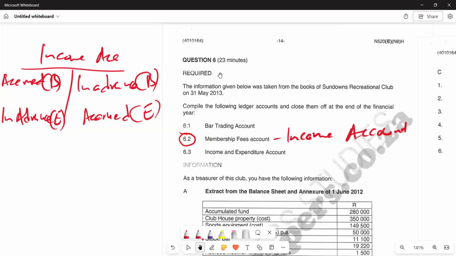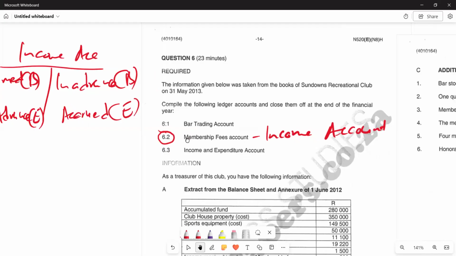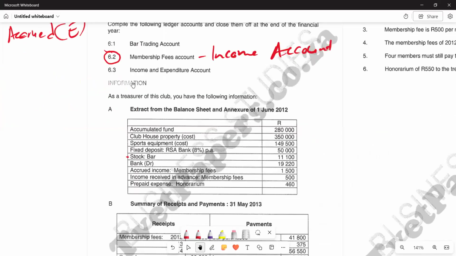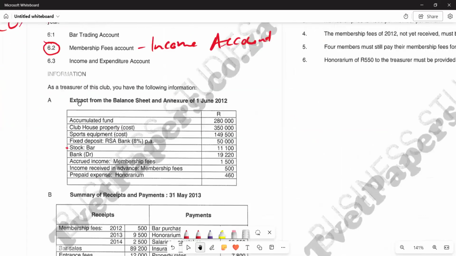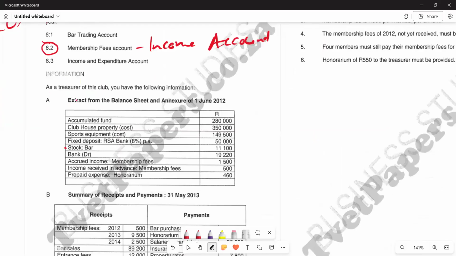As you go down the question, you are going to see that we've got the information part, which reads, as a treasurer of this club, we have the following information, where we are given an extract from the balance sheet of 1 June 2012.